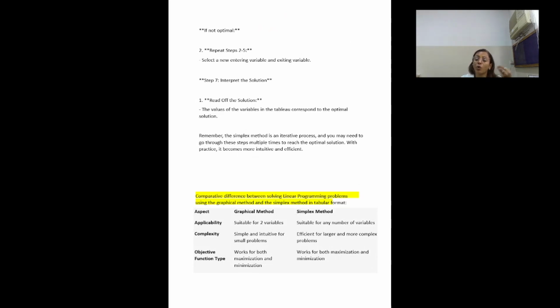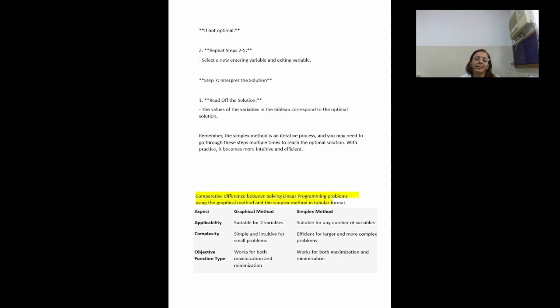If there is a negative value, then again you have to use a pivot, calculate your values once again, entering the new variable in place of the existing variable, and interpret your solution. You have to work again and again till you find your feasible or optimum solution. This is the way the simplex method goes on.